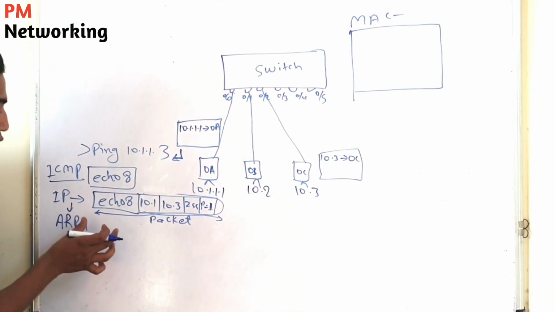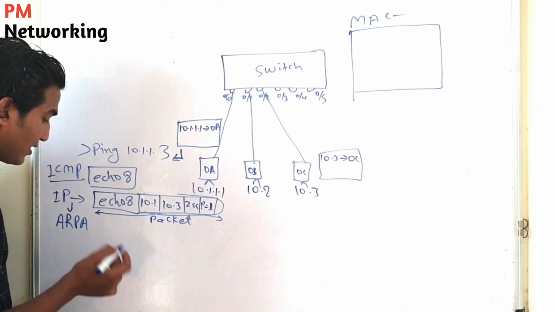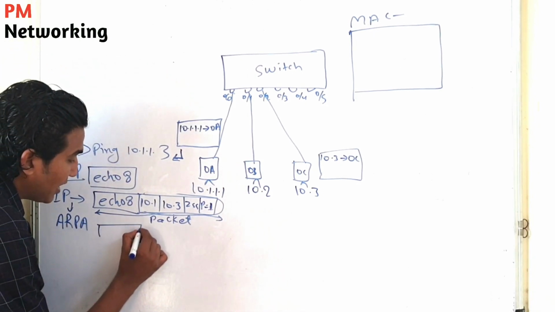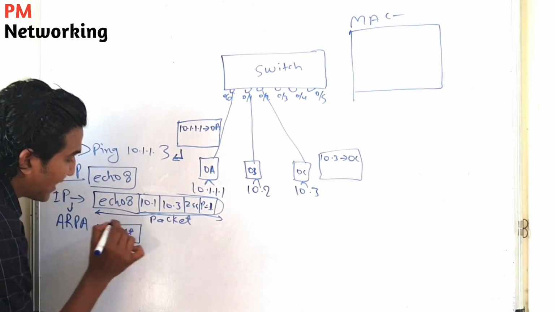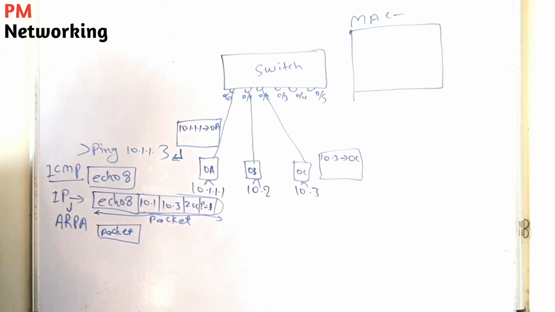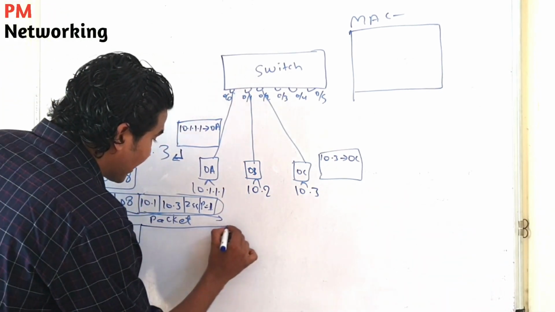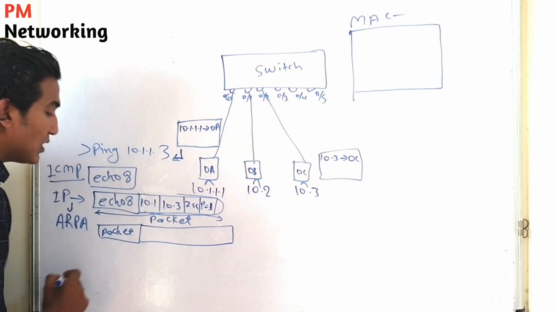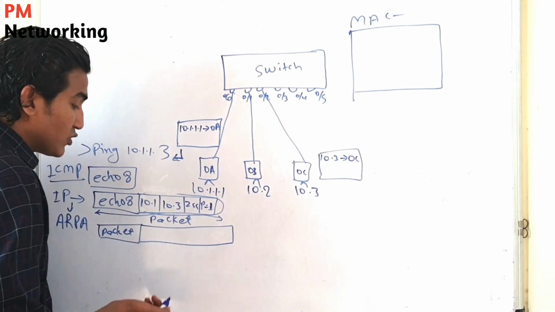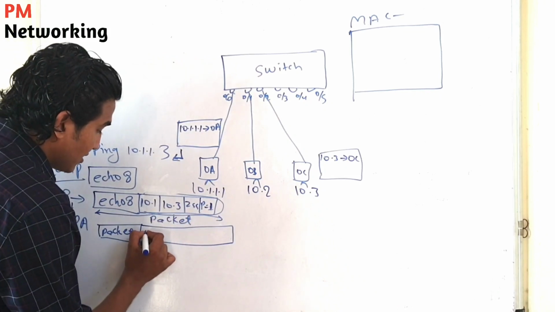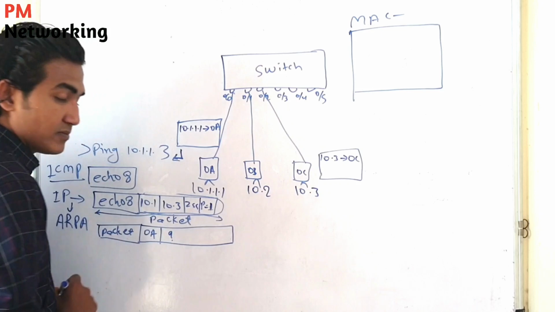Now the IP protocol will hand over this packet to the ARPA protocol at layer 2, right? The ARPA protocol receives the packet. Now what will the ARPA protocol do? The ARPA protocol will add an Ethernet header. So what will be the information in the Ethernet header? Source MAC is 0A, destination MAC unknown, right?